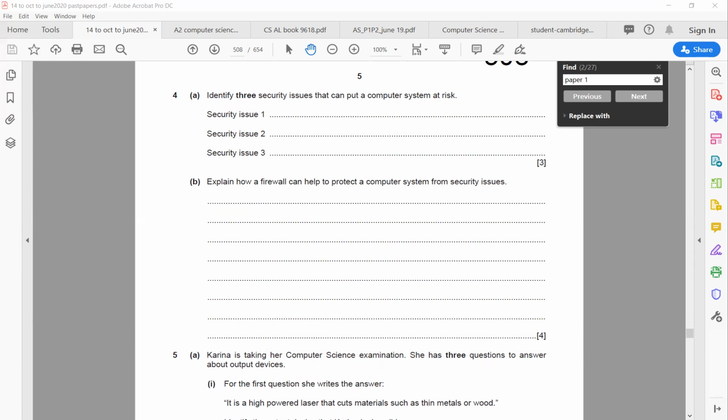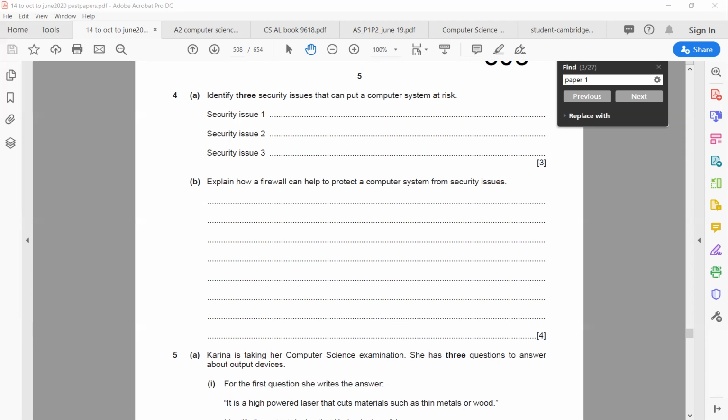Okay, so firewall has a certain rule, it is just like a security checkpoint. Whenever a person enters the security checkpoint, the person is asked to identify himself, the firewall does the same. Whenever you are using internet and your computer is connected with internet, all the data coming from internet will pass through firewall first and then will enter your computer.